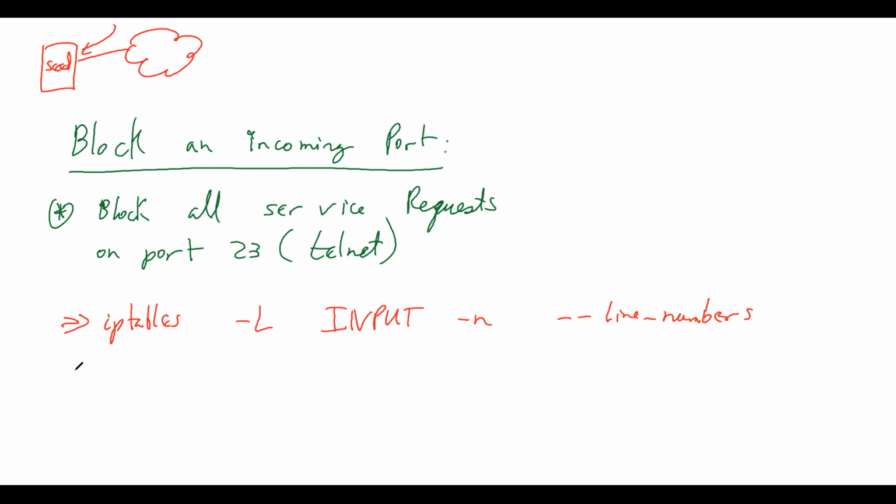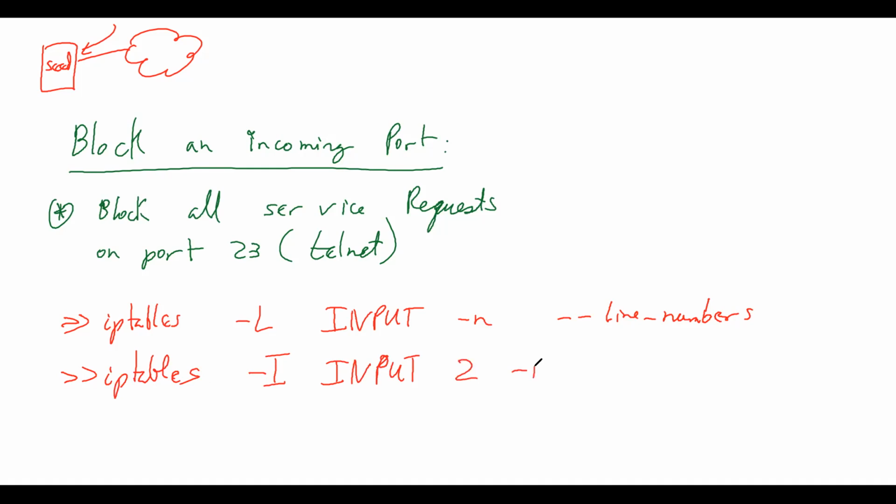And now you want to insert a new rule. So you're going to do iptables -I INPUT, and you want to insert it in position 2.